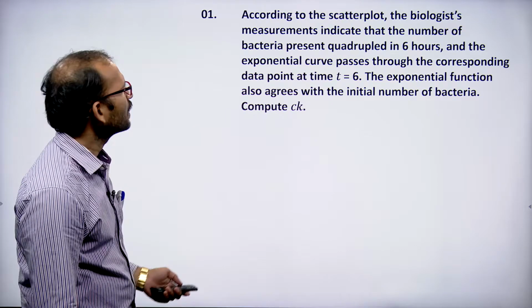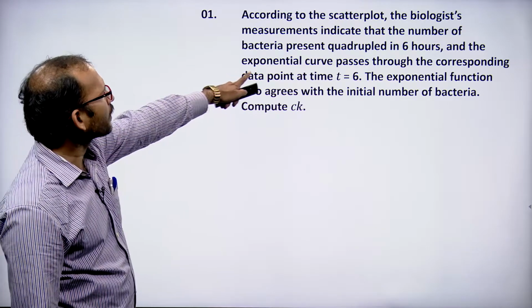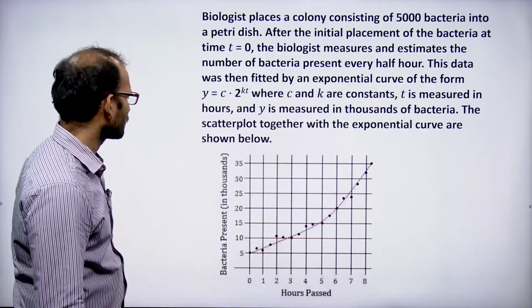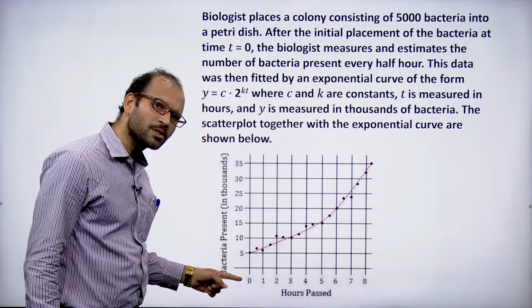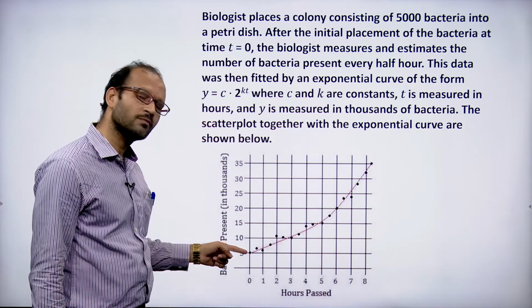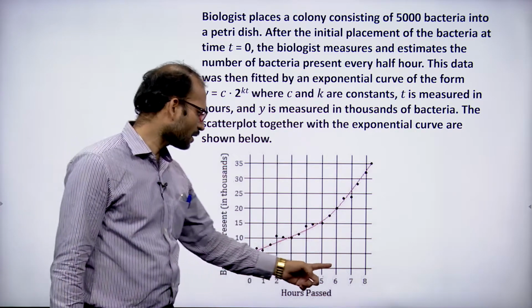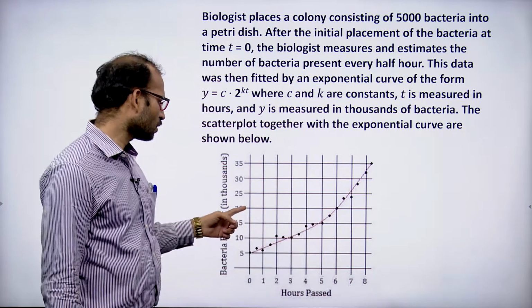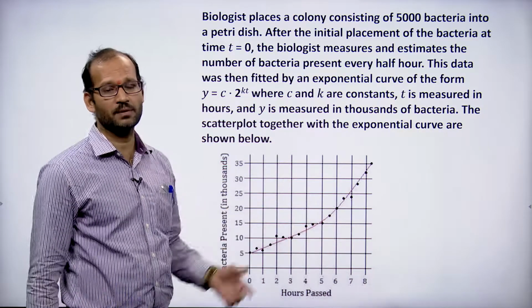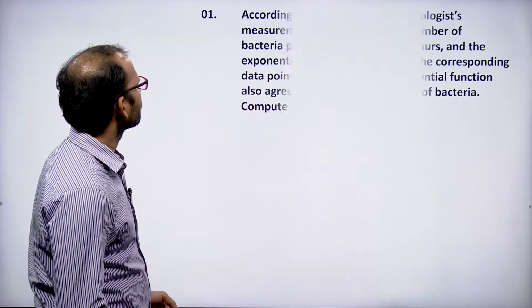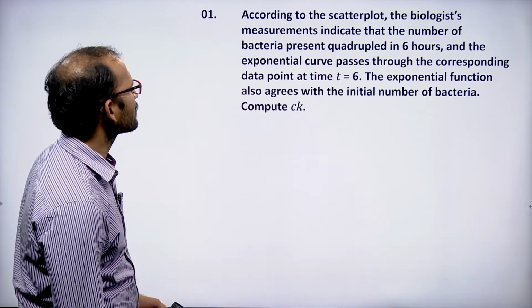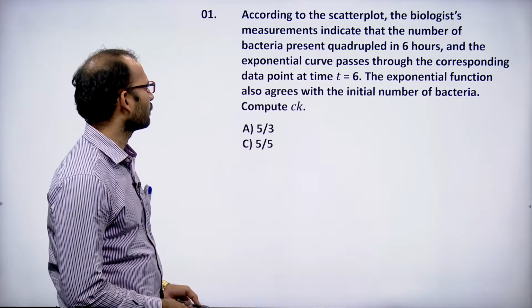Compute Ck. See, bacteria quadrupled in 6 hours. Initially how much? 5000. After 6 hours, what is the bacteria? 20,000. So 4 times. Right. Now he is asking Ck. What is C into k?